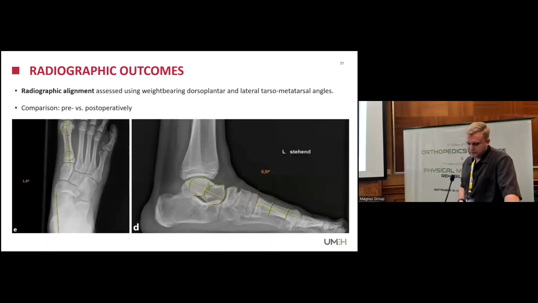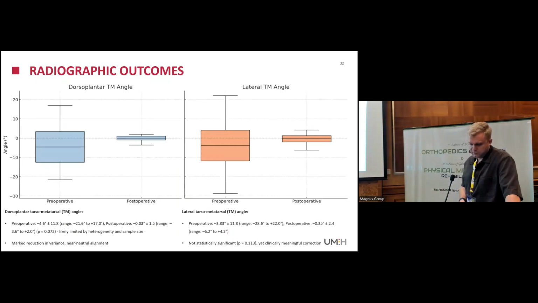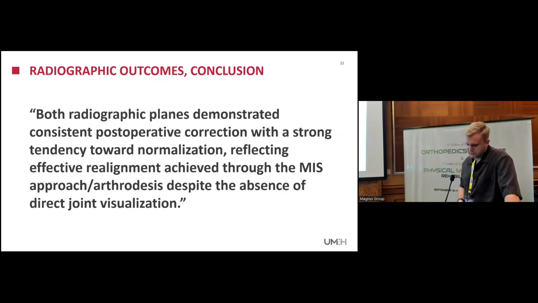So what are the radiographic outcomes? The radiographic alignment was assessed using weight-bearing dorsoplantar and lateral tarsometatarsal angles, and we compared them pre- to post-operatively. What we saw in both angles, the dorsoplantar and lateral TM angle, was that they narrowed to a near neutral alignment with a marked reduction in variance, even though we nearly missed statistical significance.